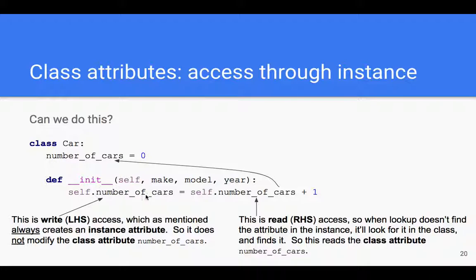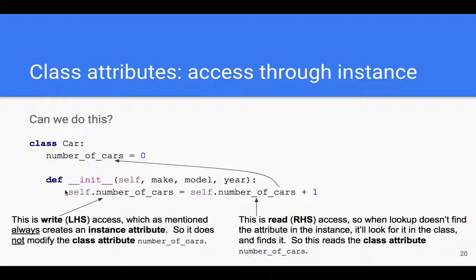the self.numberOfCars on the left hand side of an assignment operator is a write access, and we said this earlier. When we do self.attribute on the right hand side, it is a read; on the left hand side of an assignment operator, we always create an instance attribute.